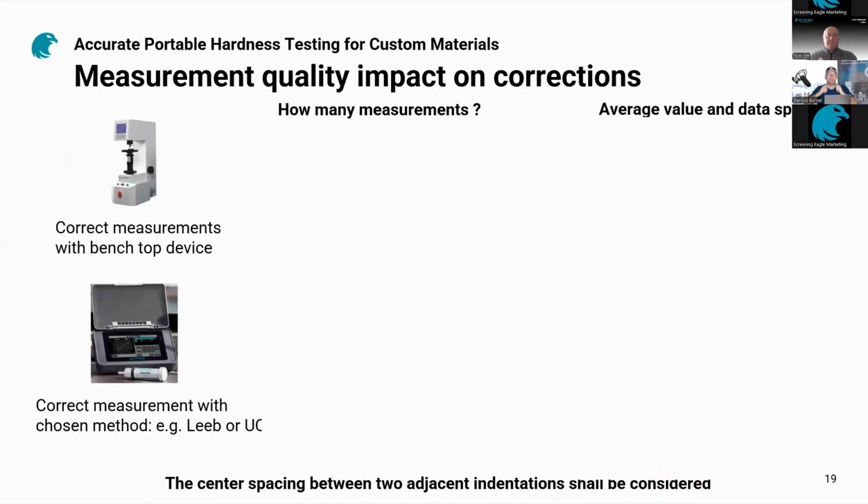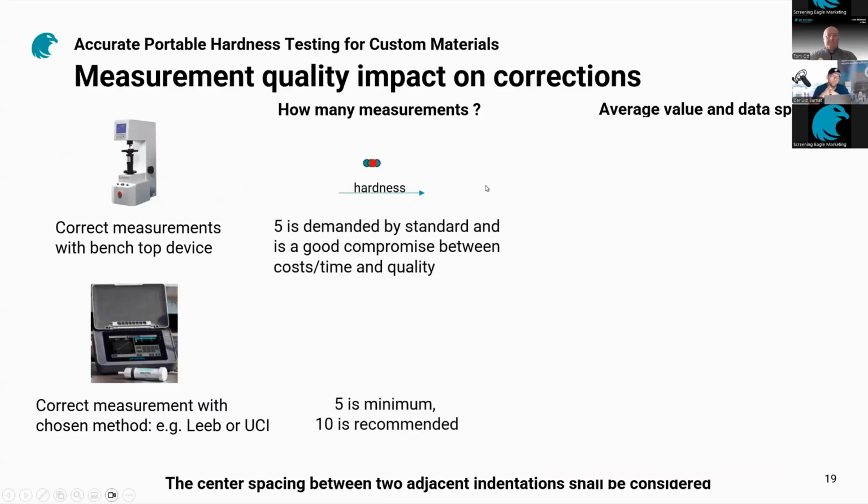So a second thing is, how many measurements should I take? Let's have a look at that from different perspectives, and let's see what standards actually say. Some users, and this is a common practice, would take 3 measurements. Those measurements here are presented with the teal lines, and the red is the average.